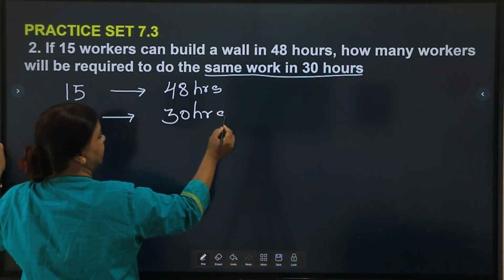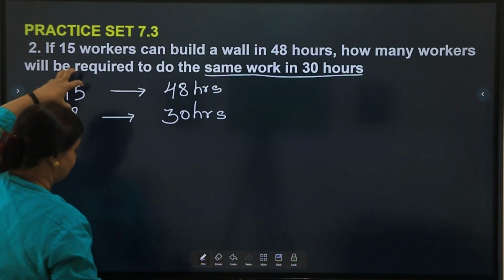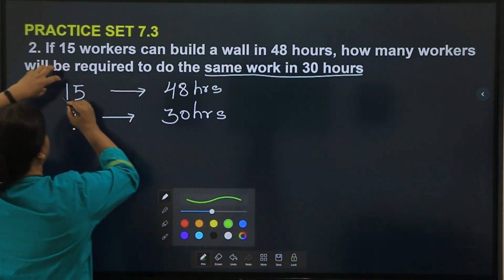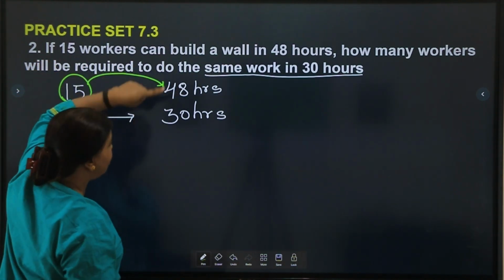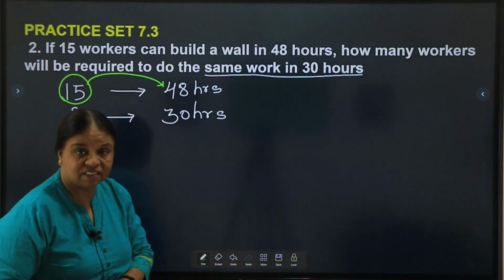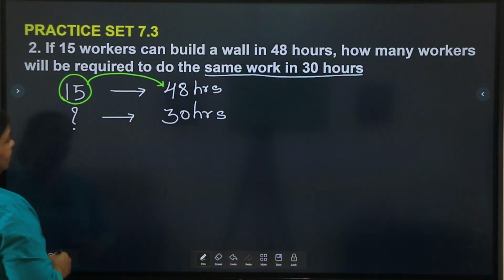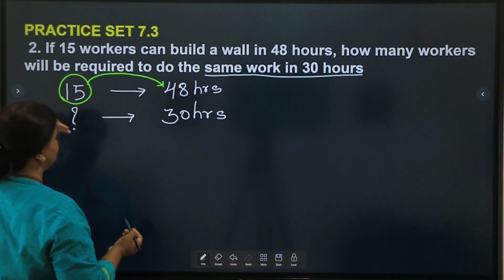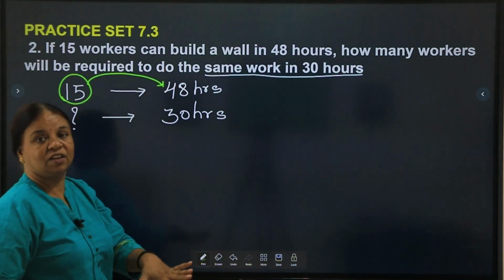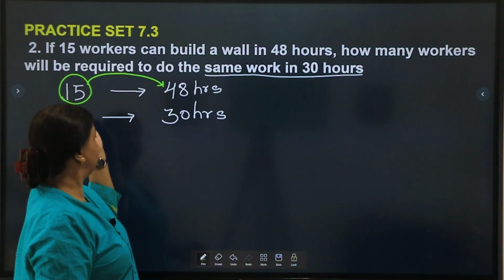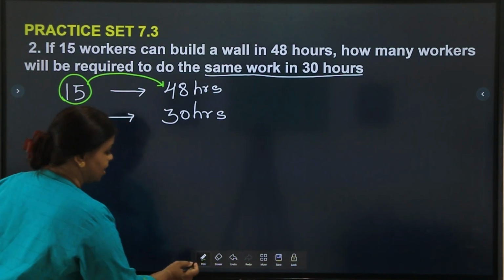Now what has happened? First 15 workers are taking 48 hours. Now if the task has to be done in 30 hours, how many workers will be needed? Definitely the number of workers should increase, because here the time taken has decreased. So workers will increase. So it is in inverse variation.